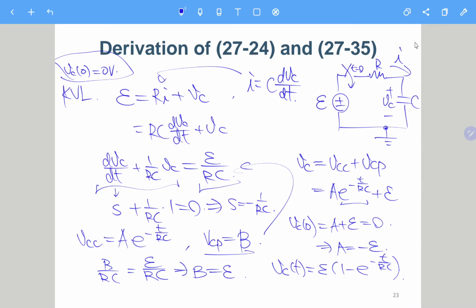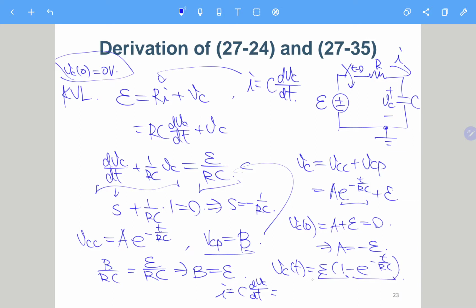And of course the I should be C dVc/dt. So we take the derivative. This is a constant, so its derivative will be 0.